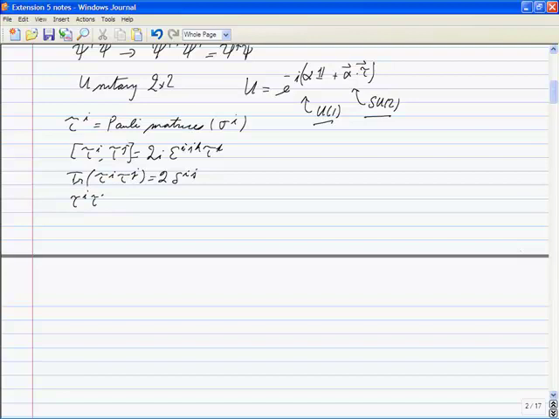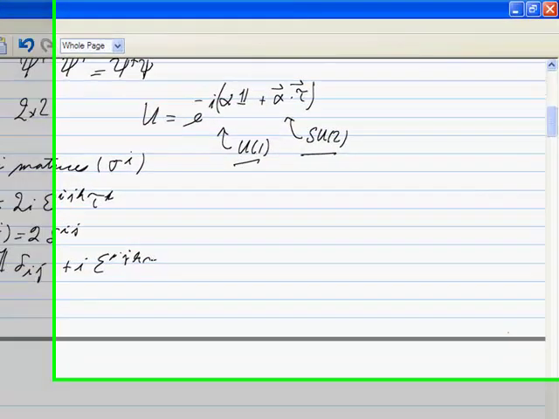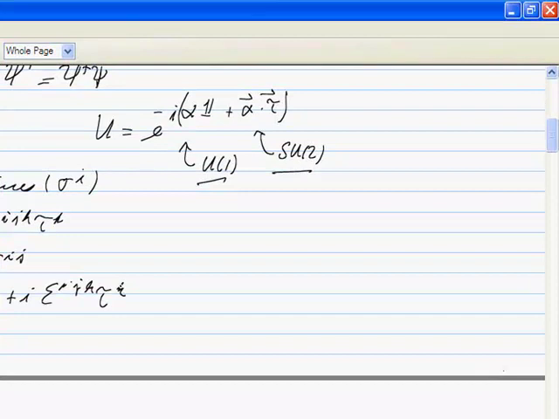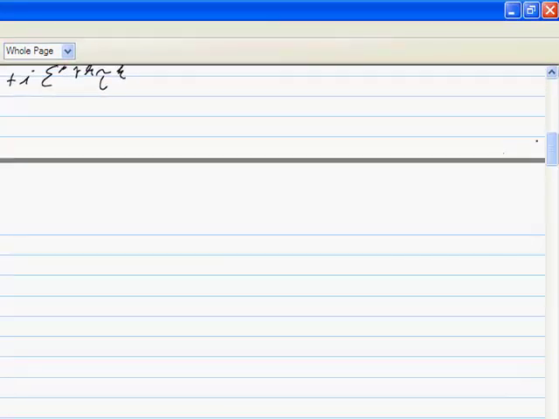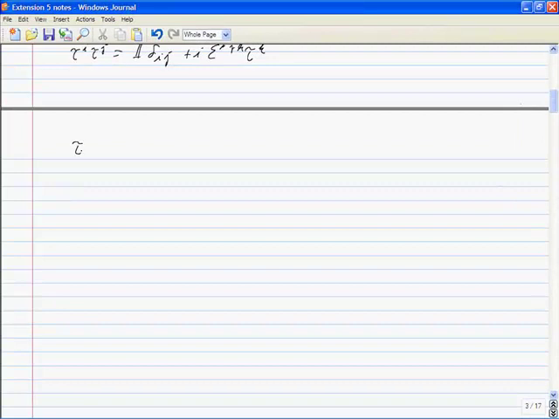Tau i, tau j itself is the matrix 1 times delta ij plus i epsilon ijk tau k. And then the one that you've probably all seen. The one that's useful for what I'm about to do is the AB matrix element of tau i times the CD matrix element of tau i.